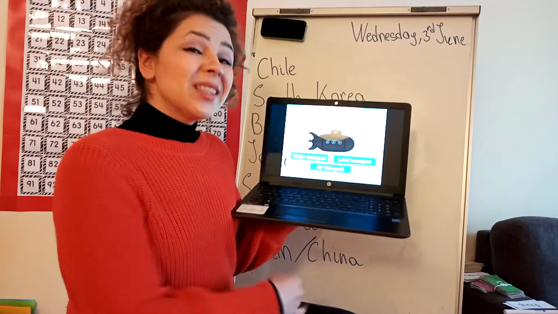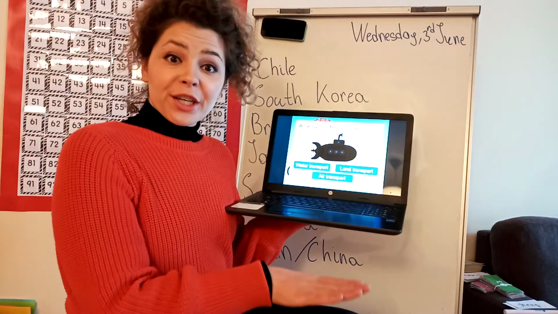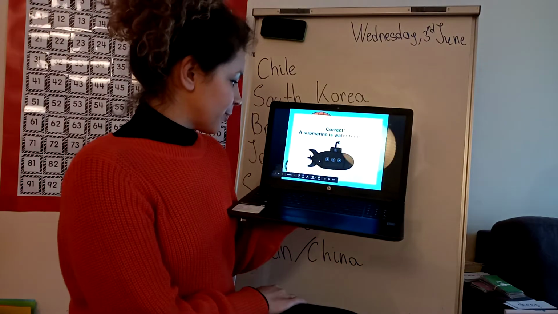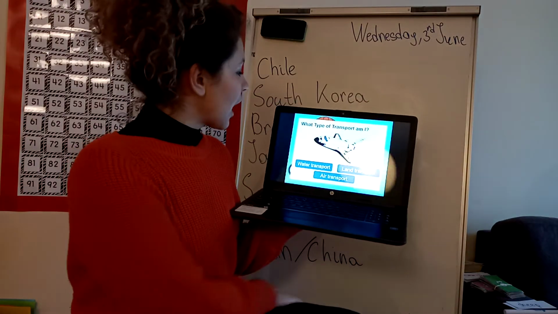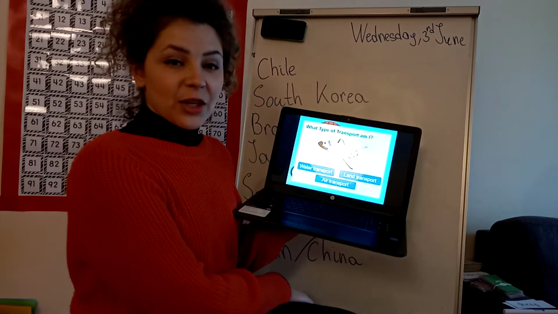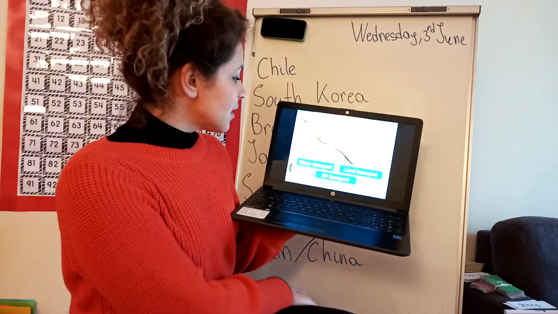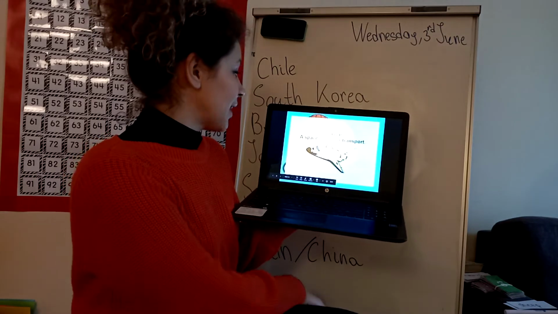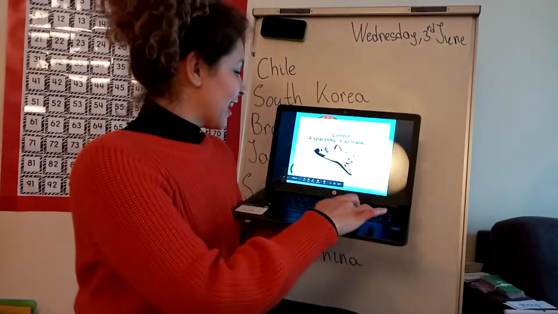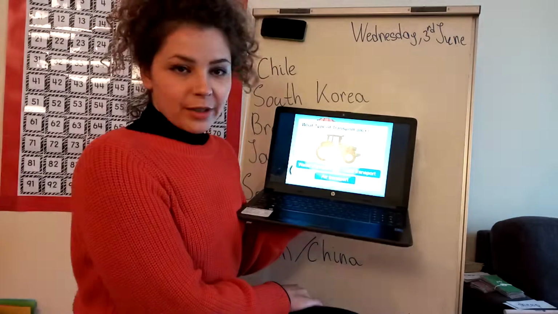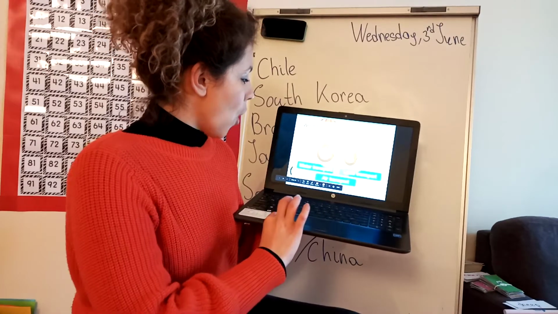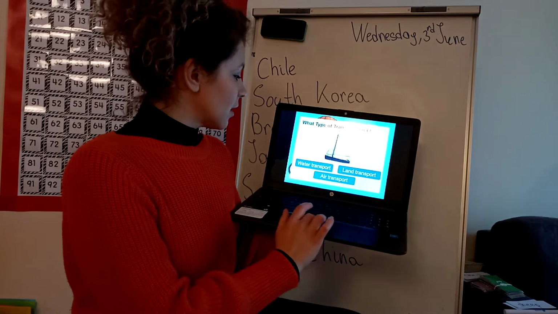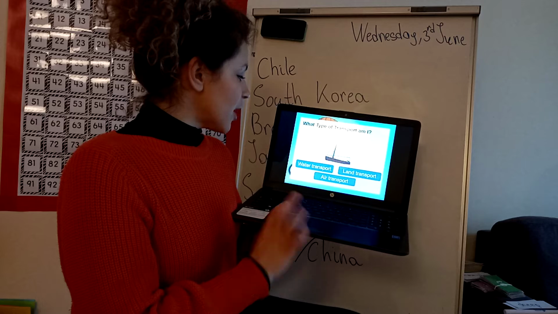A submarine goes under the water and is considered water transport. This kind of shuttle or rocket goes up very high in the air. This is a spaceship. Tractors we can find on land. Boats belong to water transport.